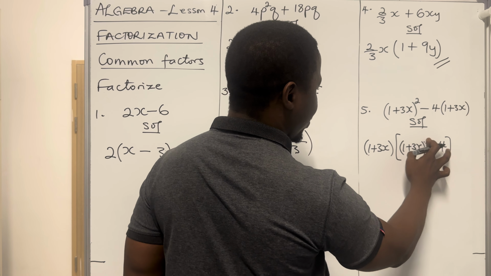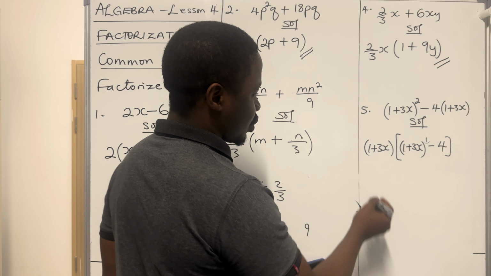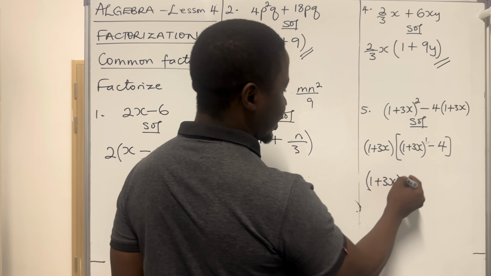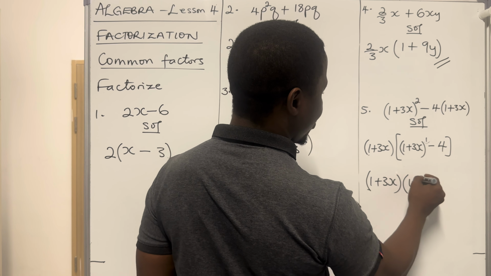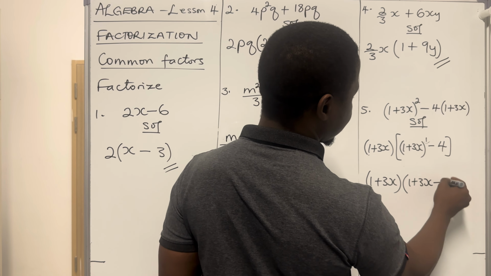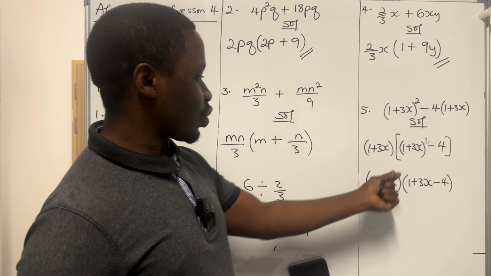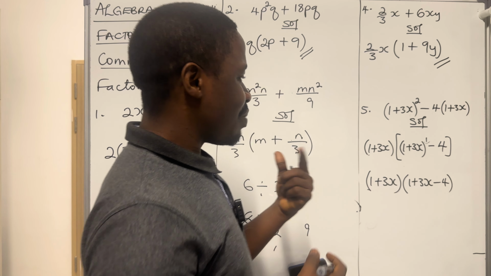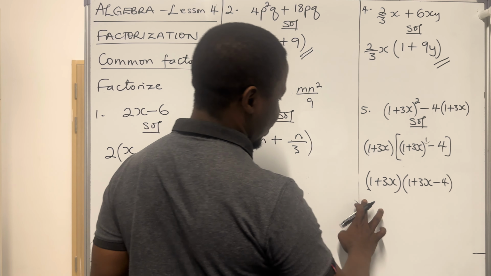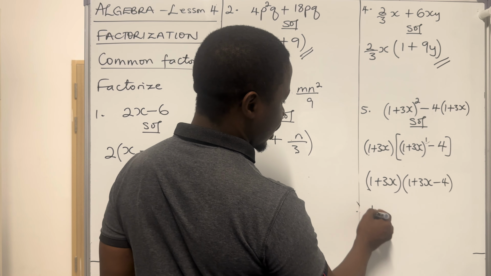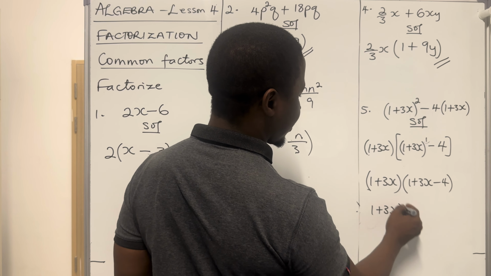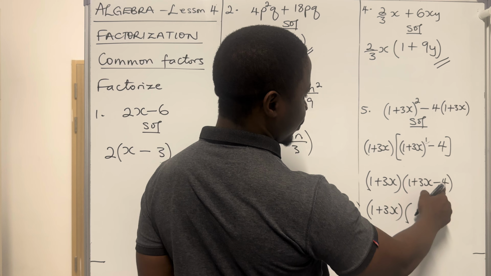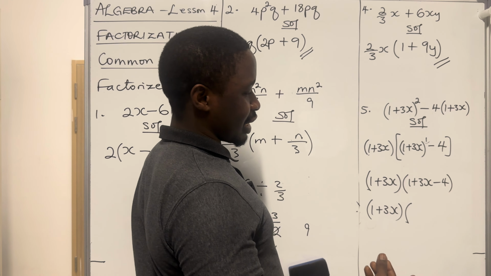So you can only stop here if this one is of higher power. But because the power is 1, we can continue by saying 1 plus 3x minus 4. Remember, whatsoever with a power of 1 is the same thing. A power of 1 does not change anything. Okay, so now we say 1 plus 3x multiplied by 1 minus 4 plus 3x.